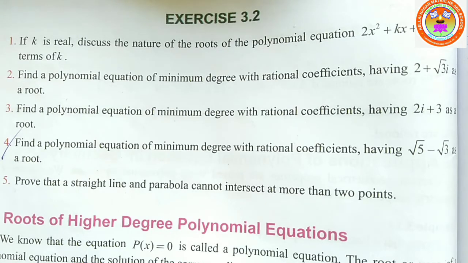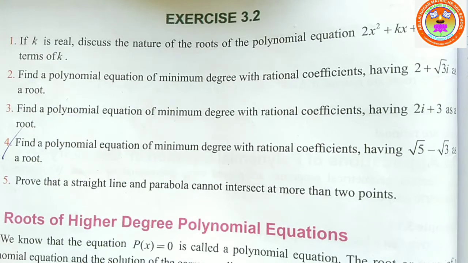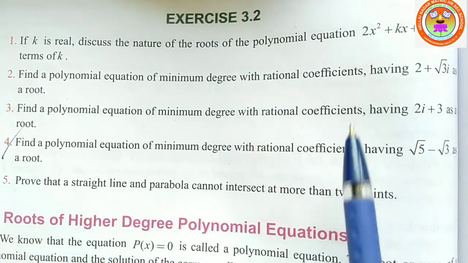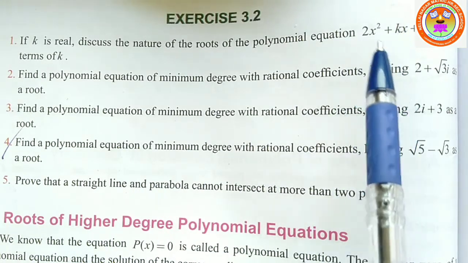If the value of b square minus 4ac is negative, that is less than 0, then the roots are not real, or the roots are imaginary. So the same thing we are going to discuss here in this sum.